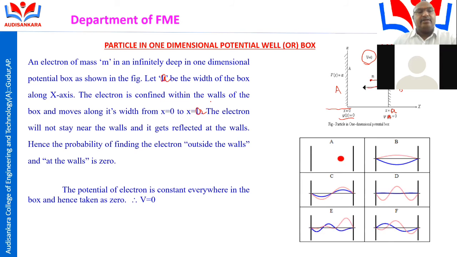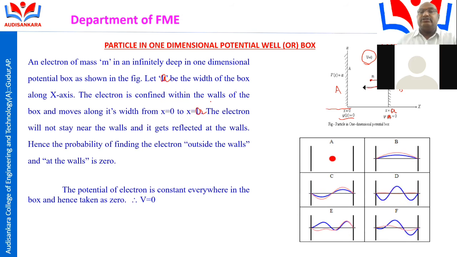The electron will not stay near the walls and it gets reflected at the walls. The probability of finding the electron outside the walls and at the walls is 0. The potential of the electron is constant everywhere in the box and hence taken as V is equal to 0.